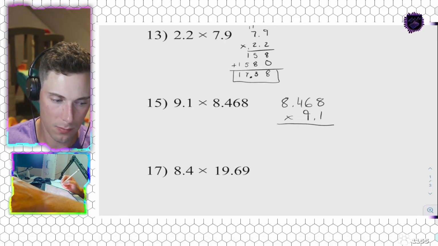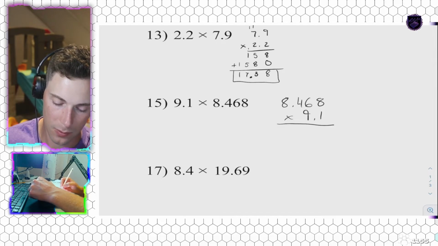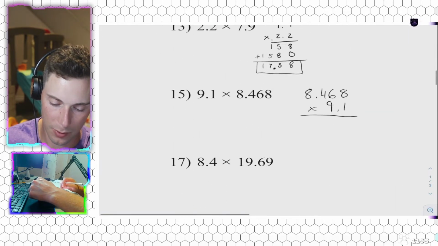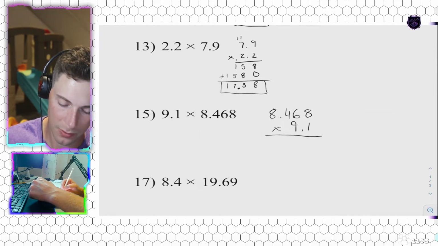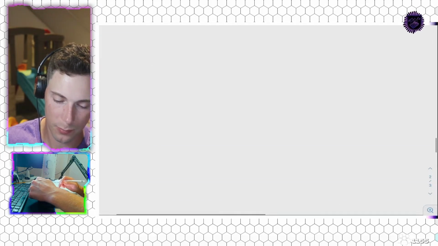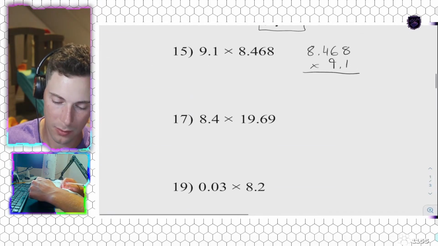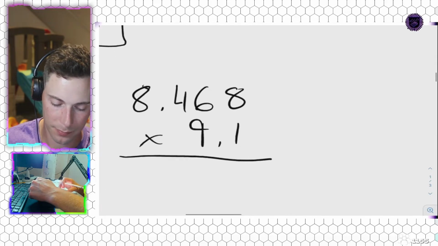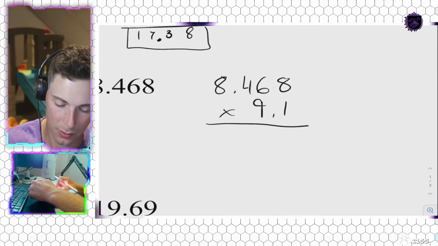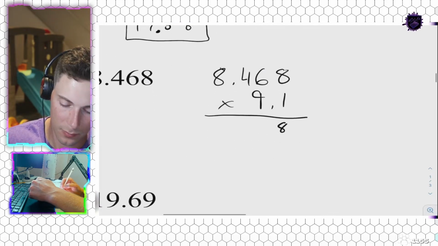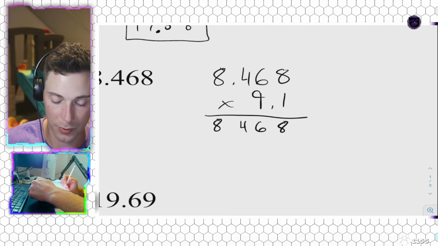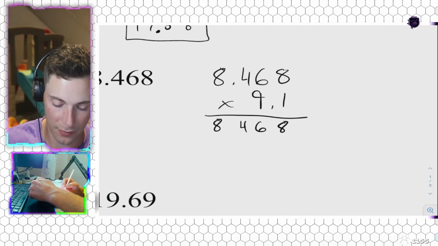And the first one, because we're multiplying by 1, is going to be 8, 6, 4, 8. Then we're multiplying by 9, and it's going to be 72.